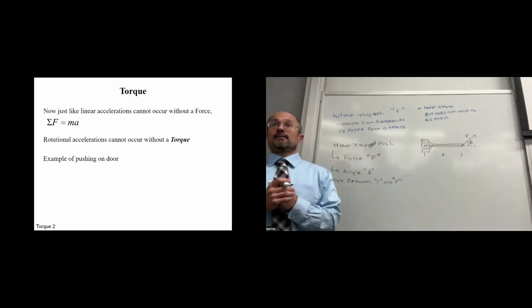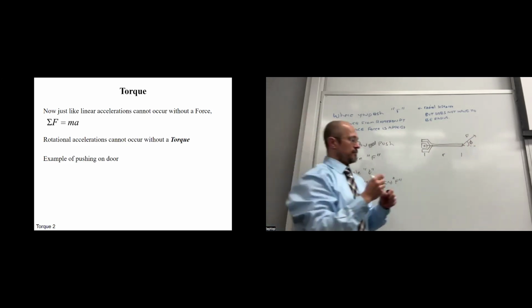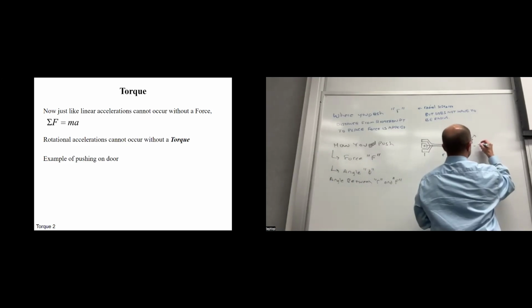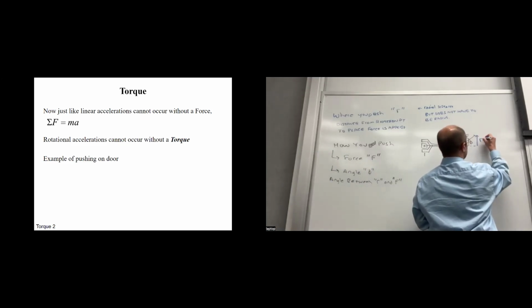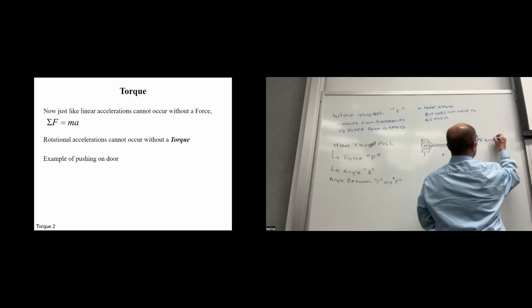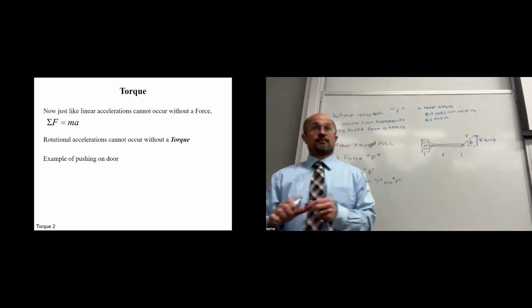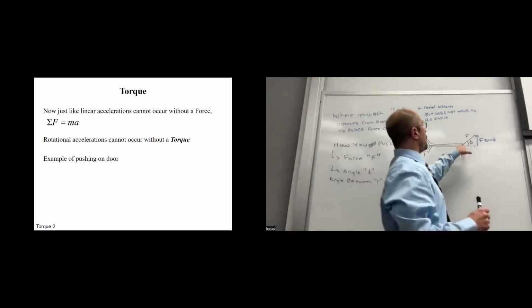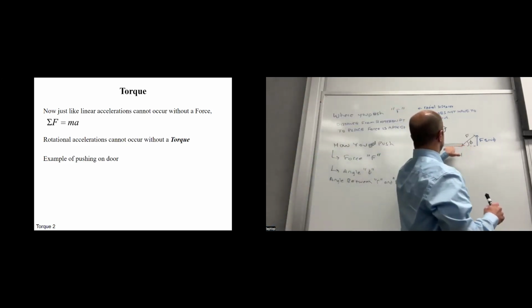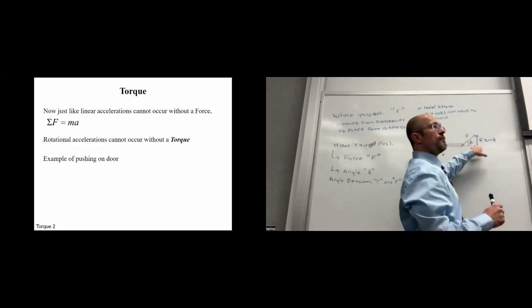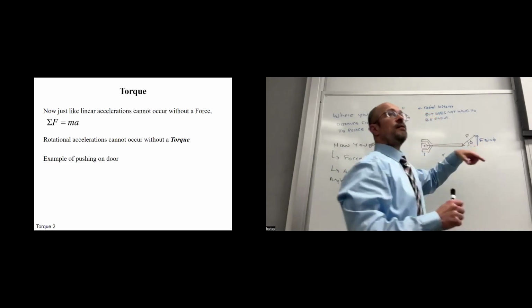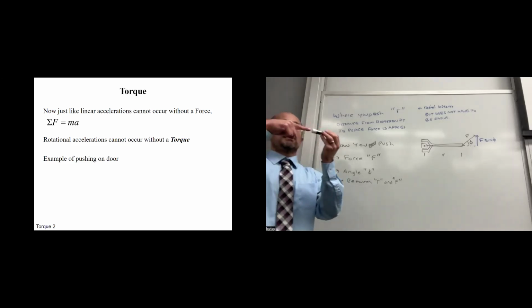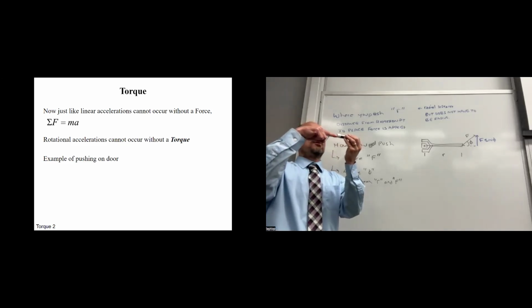That is phi, the angle between R and F. And what happens is this piece right here, this blue part, is F sine of phi. And what we're going to see is it's only the part of the force that is perpendicular to R that contributes to the rotation. Which is why when I pushed on the edge of the door, there was no rotation.